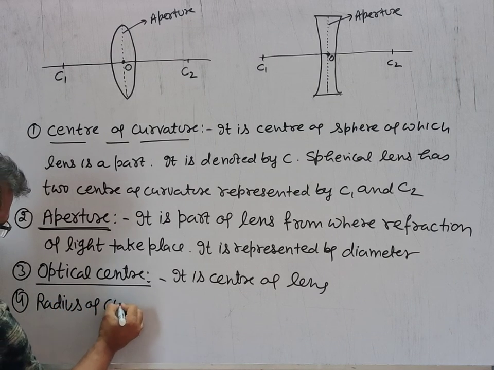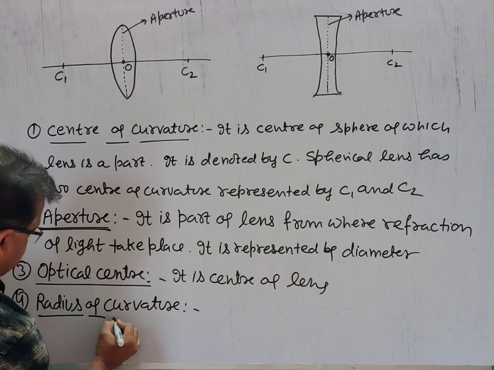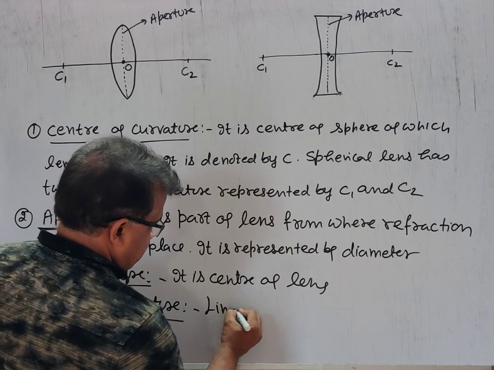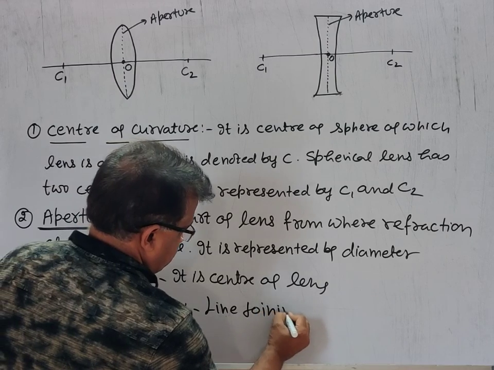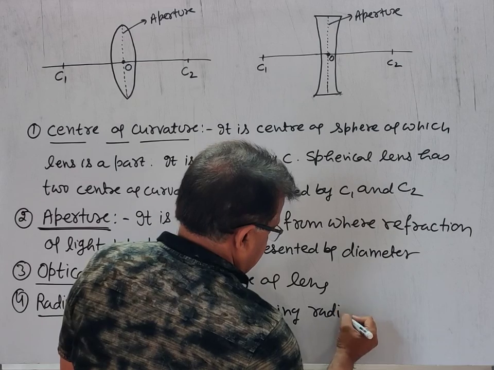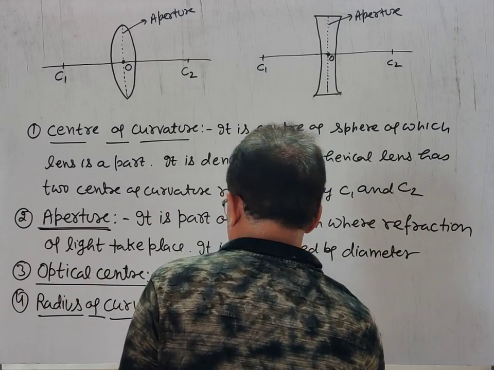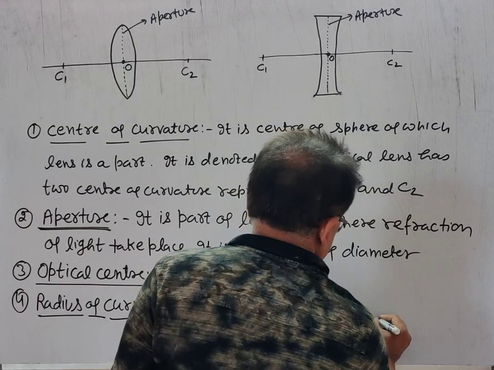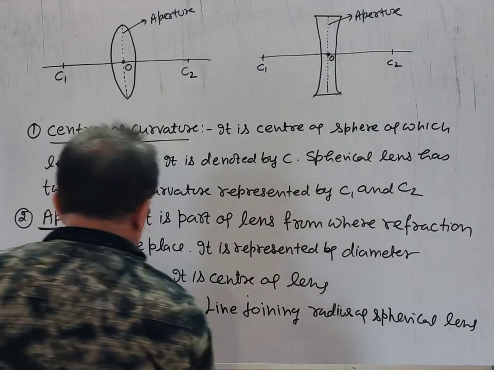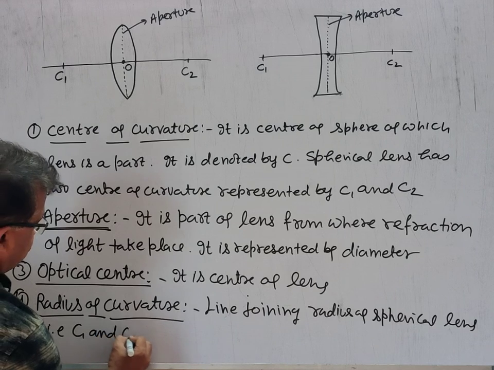Then radius of curvature, line joining radii of the spherical lens, C1 and C2.